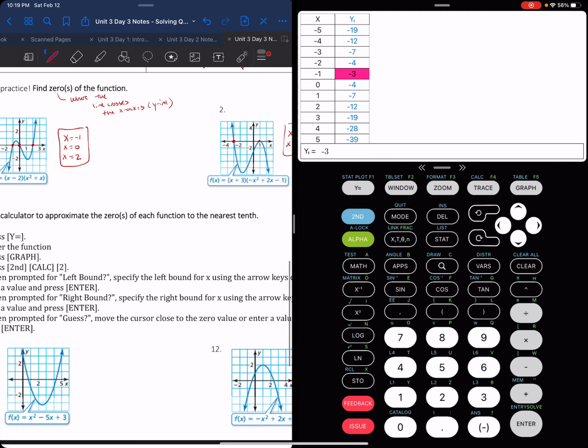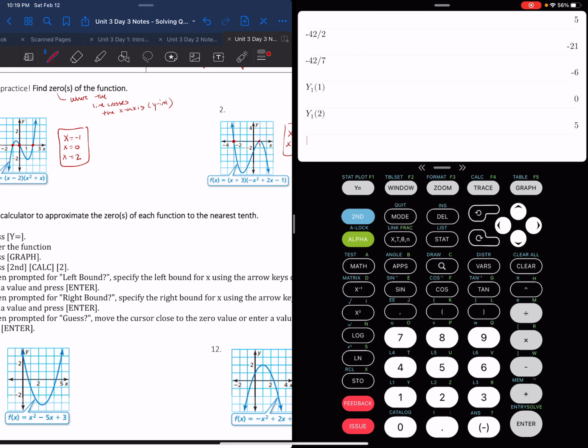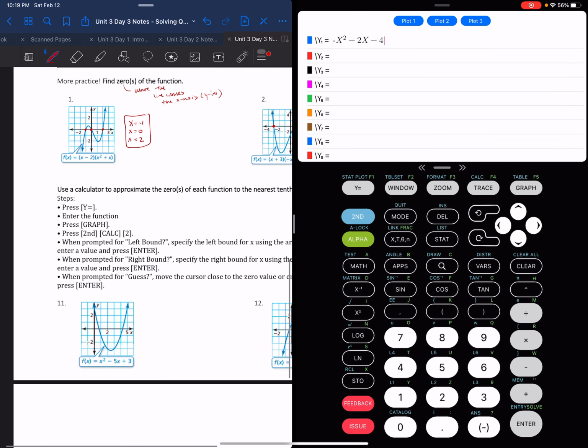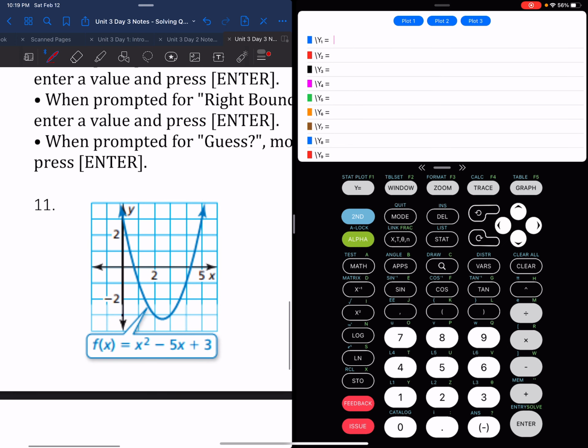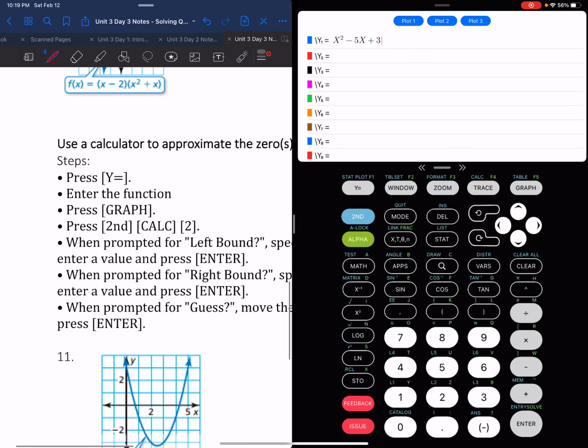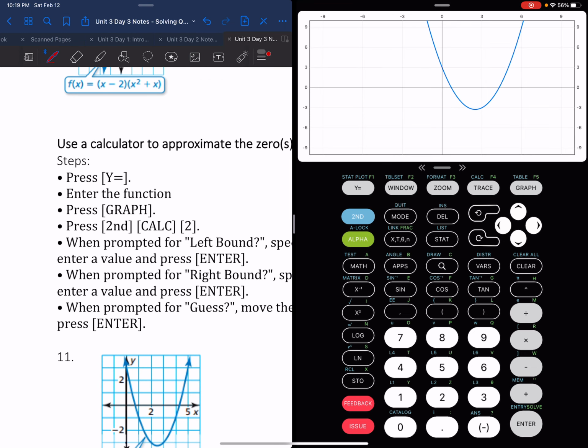I don't know if my TI-84 or the app can do this, but we can try to do one problem together. So let me clear that. Our function is x squared minus 5x plus 3. Our third step was press graph.